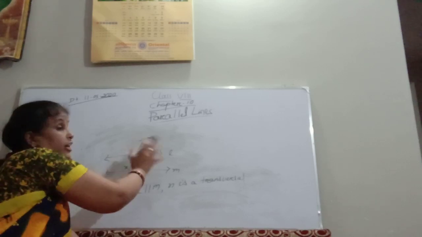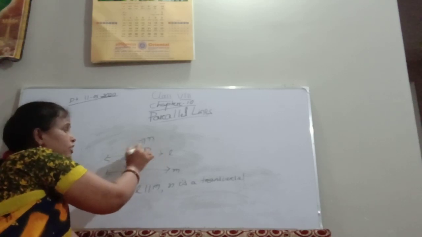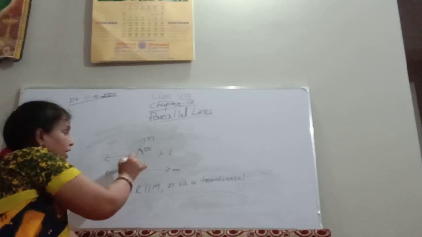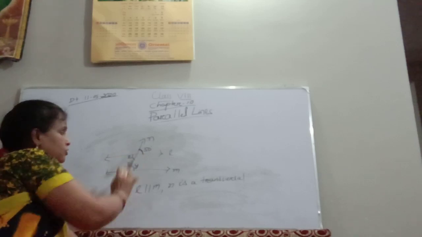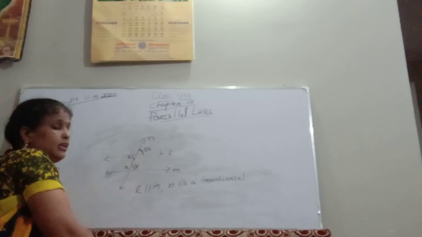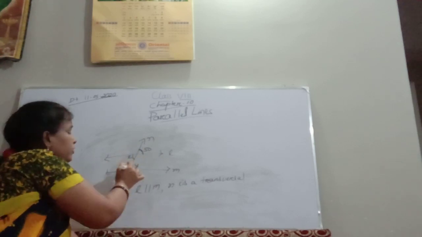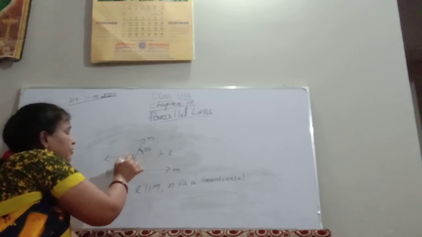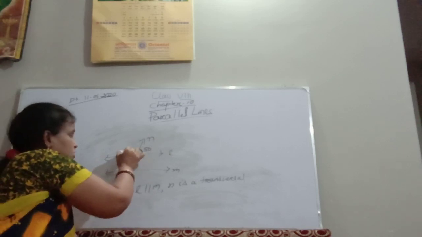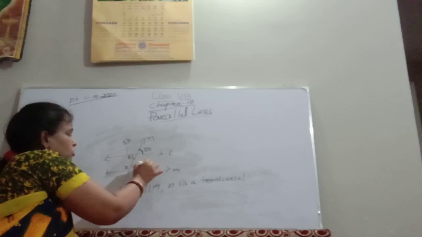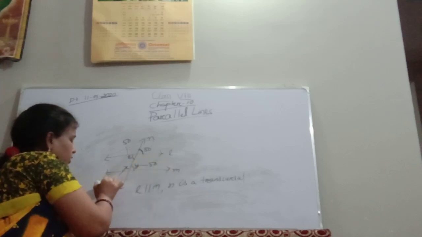As you know, z and x are supplementary. So you can easily find 180 minus 50, which is equal to 130. So this is 50, this is also 50, but this is 130.